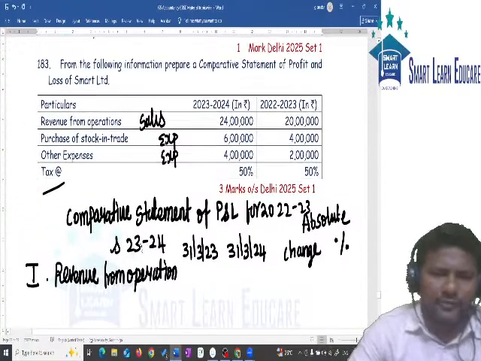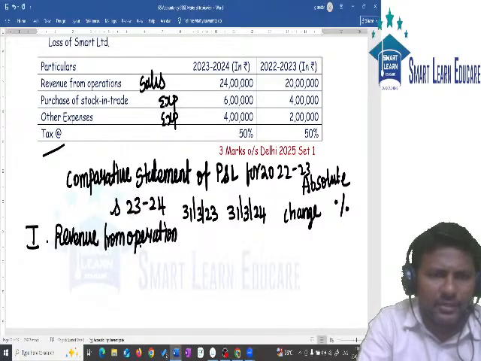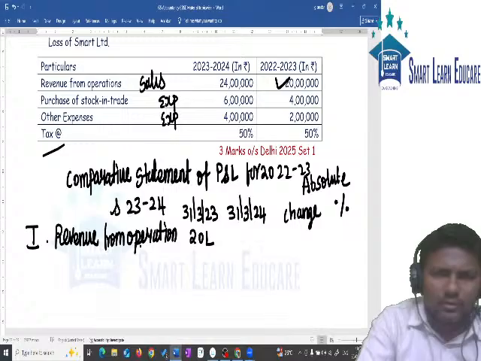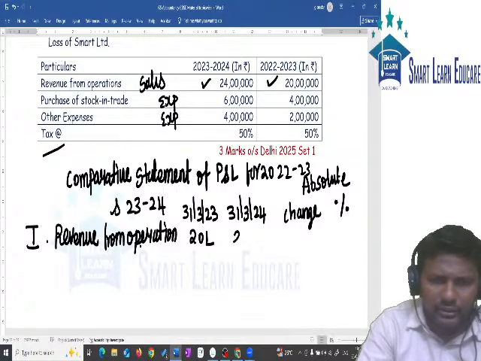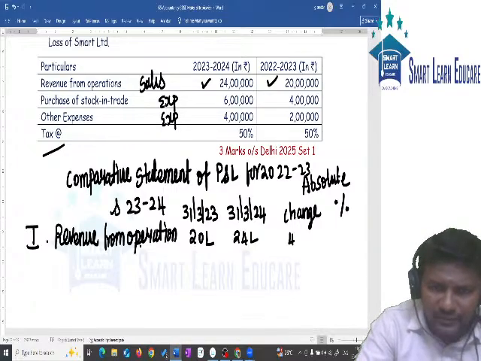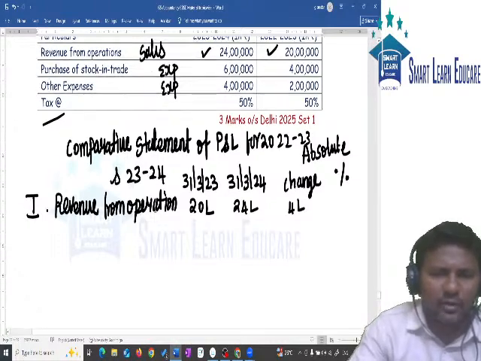First one, revenue from operation. For 22-23 it is 20 lakhs. For 23-24 it is 24 lakh. How much change do we have? 4 lakh.